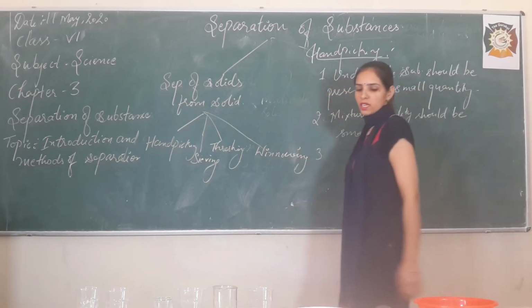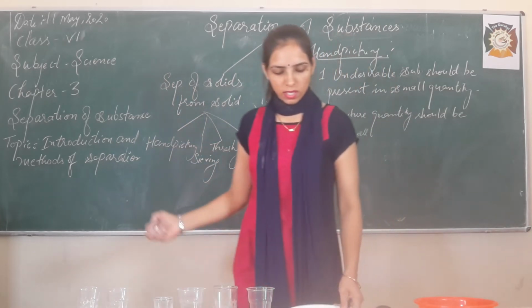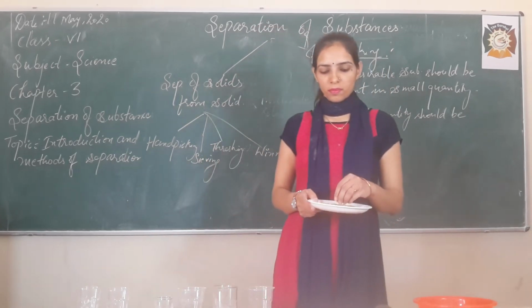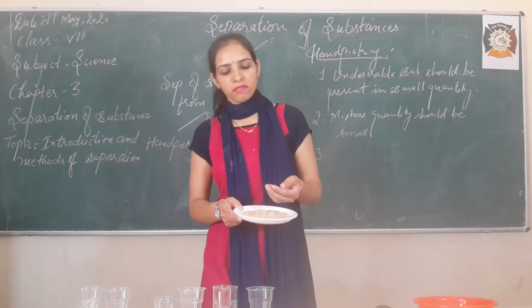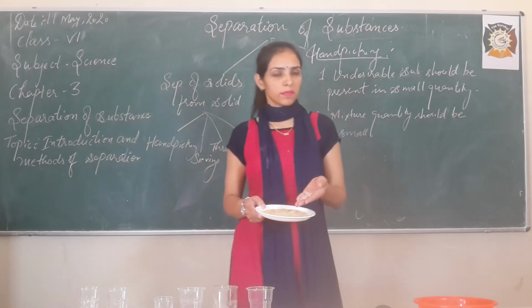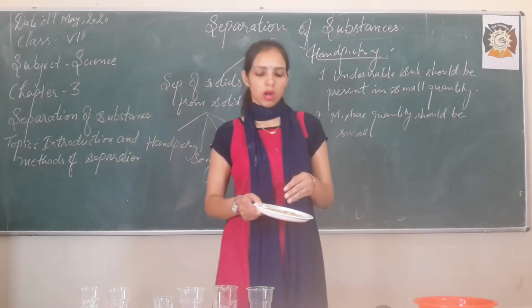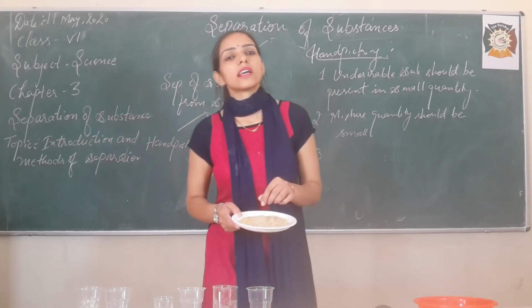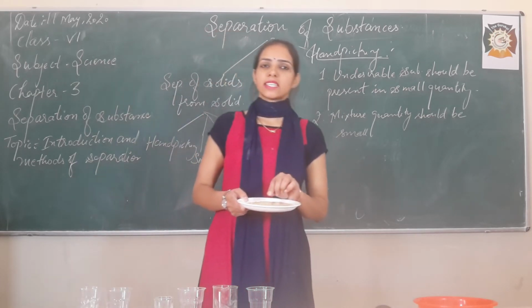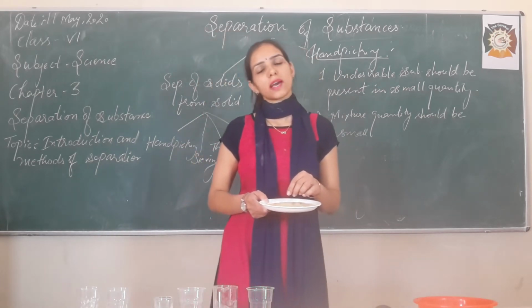Third one, if I give you some substance which is almost the same shape as the rice or the pulses, the same in size and the same in color, then will you be able to separate it out?